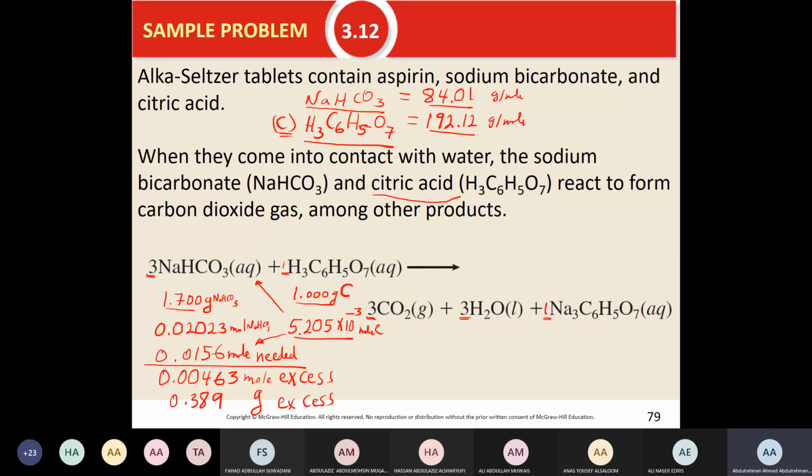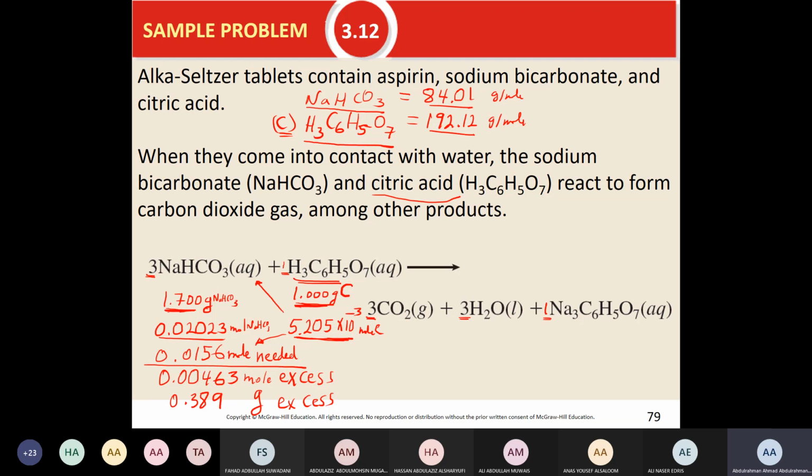Are you following? Yes. I repeat one more time. I am in the lab now. I mix this one with this one. I want to know how the reaction is going to go. I convert the gram into mole. After I convert it into mole, I found which one is the less amount needed. I found that citric acid needs only 0.0156, while what I have is 0.02023 mole sodium bicarbonate.